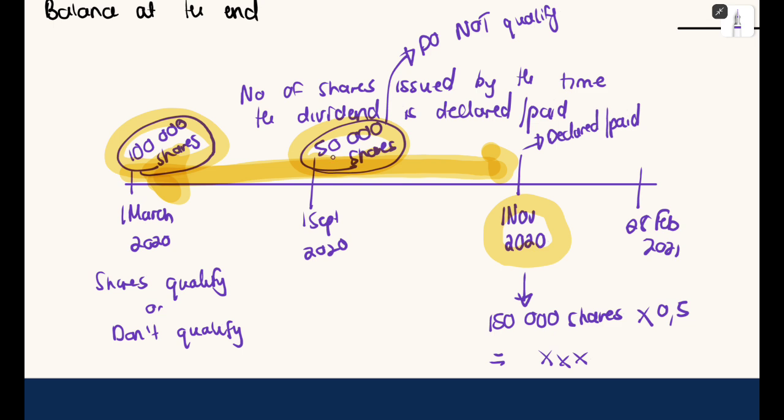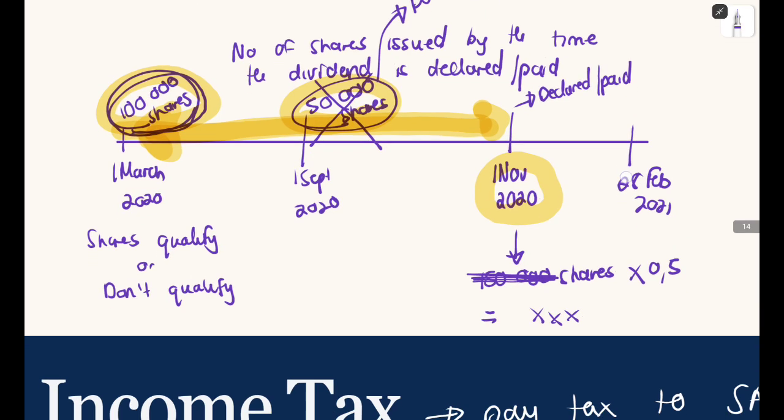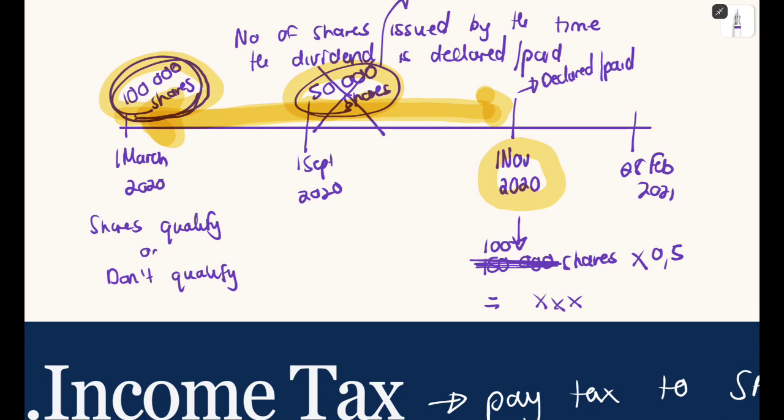But if they say that these shares do not qualify, I will not include these 50,000 shares as shares that have been issued. I will only include the 100,000 that was issued at the beginning of the year. So here I would have 100,000 shares instead of 150,000 shares. That's what it means when they say shares do not qualify, right?